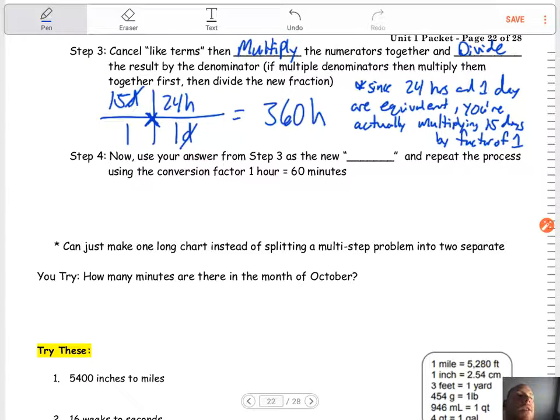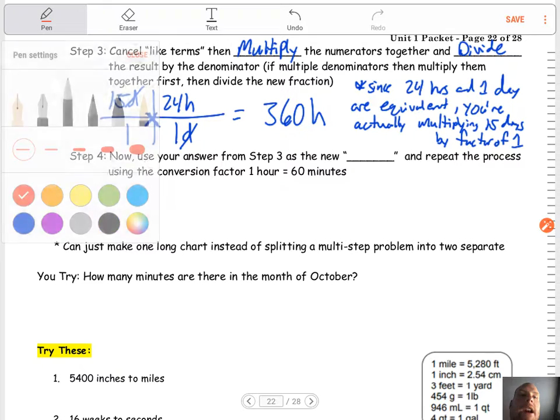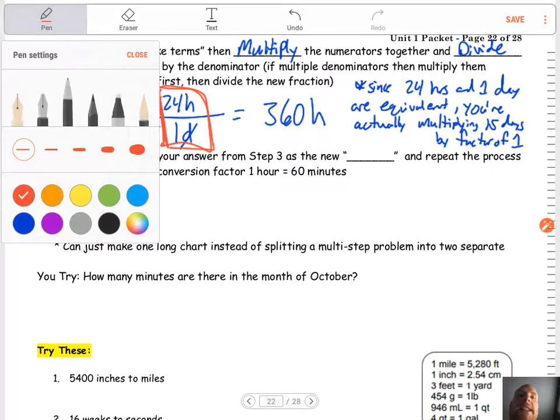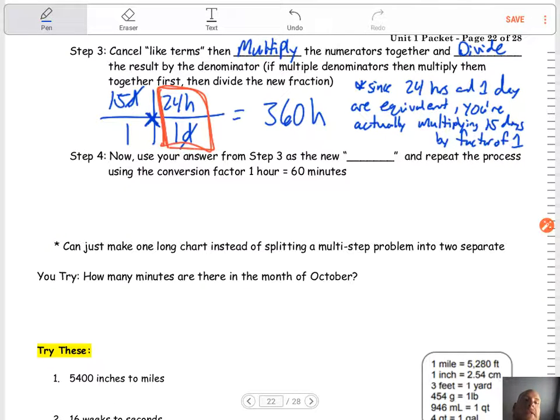All we're doing is multiplying by 1 because those 24 hours in 1 day are equal to each other, so that's like multiplying by itself. It's just changing the unit. That's all we're doing here. So this factor label method, guys, allows us to convert units.